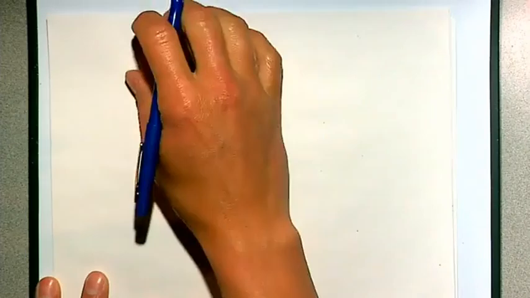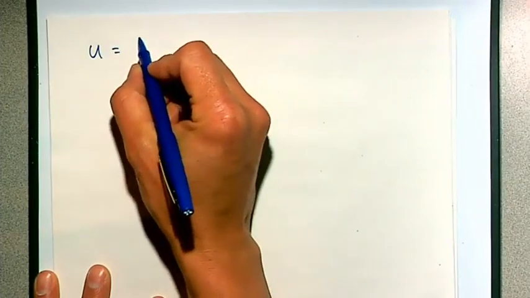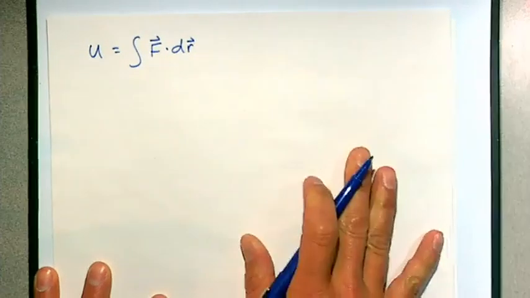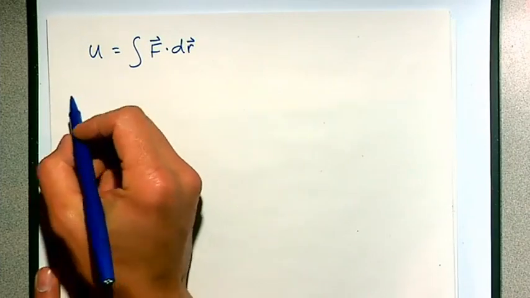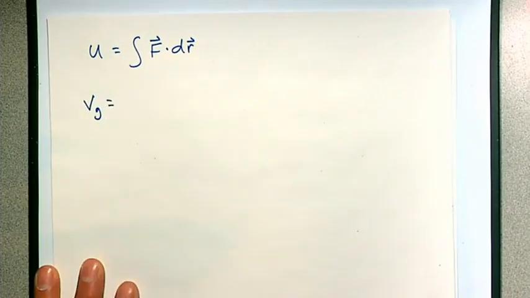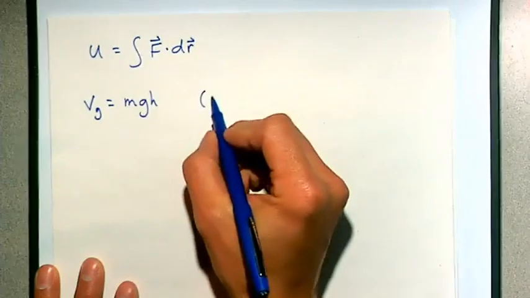So if we think of our work as the integral of F dotted with our distance, conservative forces, we pulled out gravity. We said this was just mgh. We called this potential energy.